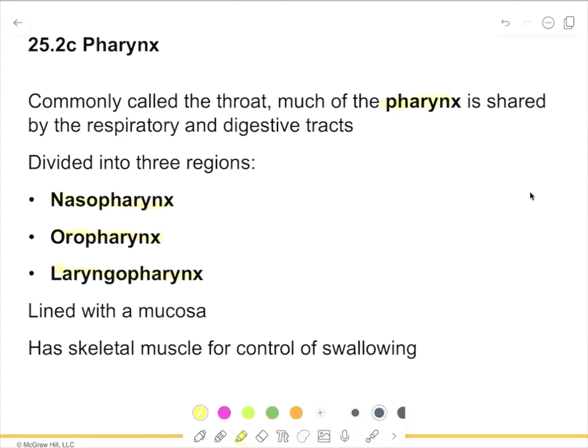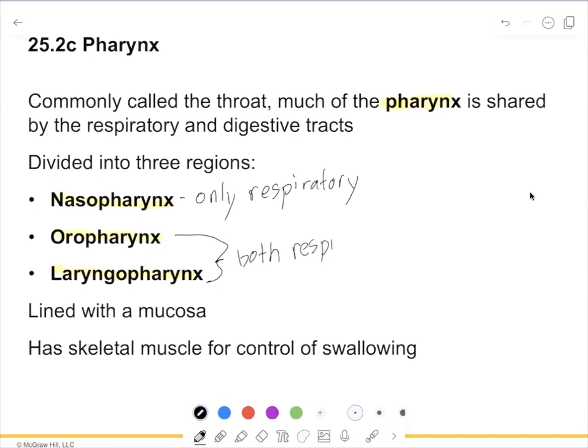So the pharynx is shared by both the respiratory and digestive tracts. The nasopharynx is going to be only respiratory, but the oropharynx as well as the laryngopharynx are going to be both respiratory as well as digestive.